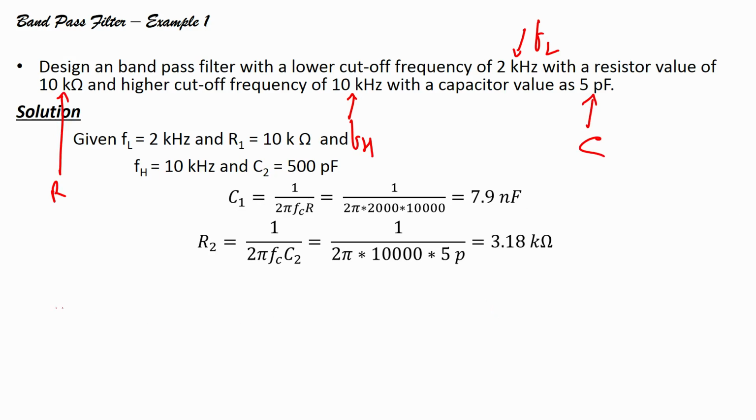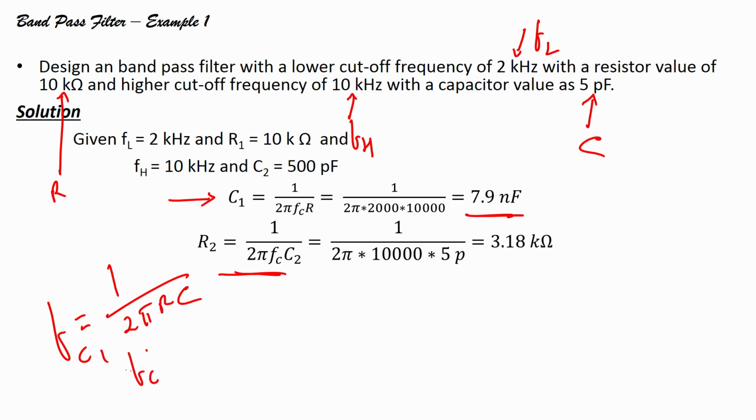So, we know that F equals 1 by 2 pi R C. From here we can find C equals 7.9 picofarad. Now, for the second one, FC1 and FC2 we can say, F equals 1 by 2 pi R C. For the first one we have calculated because we know the value of R1 but we do not know the value of C1.